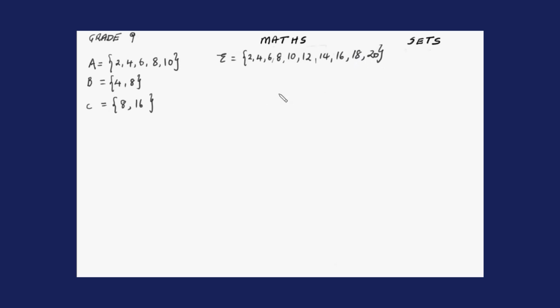Our universal set is the set of multiples of 2 up to 20. Then set A is the set of even numbers up to 10. Set B is the set of multiples of 4 up to 10. And set C is the set of multiples of 8 up to 20, right? So now the question is, draw a Venn diagram to represent the information.